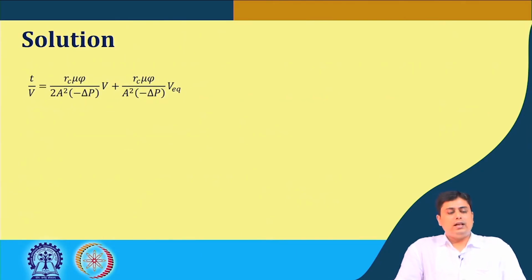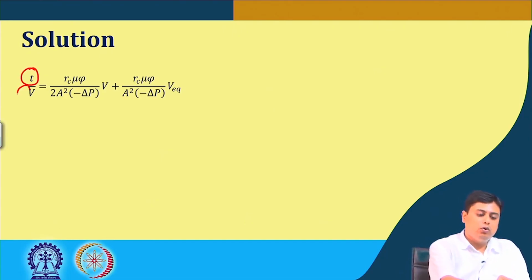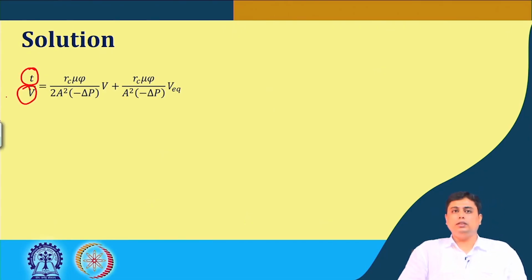This is the relation that we have seen, and in fact derived. Here Rc is the specific cake resistance, phi we know the value, and A by V. So basically all these parameters we have to know to find the value of t to filter a certain amount V.